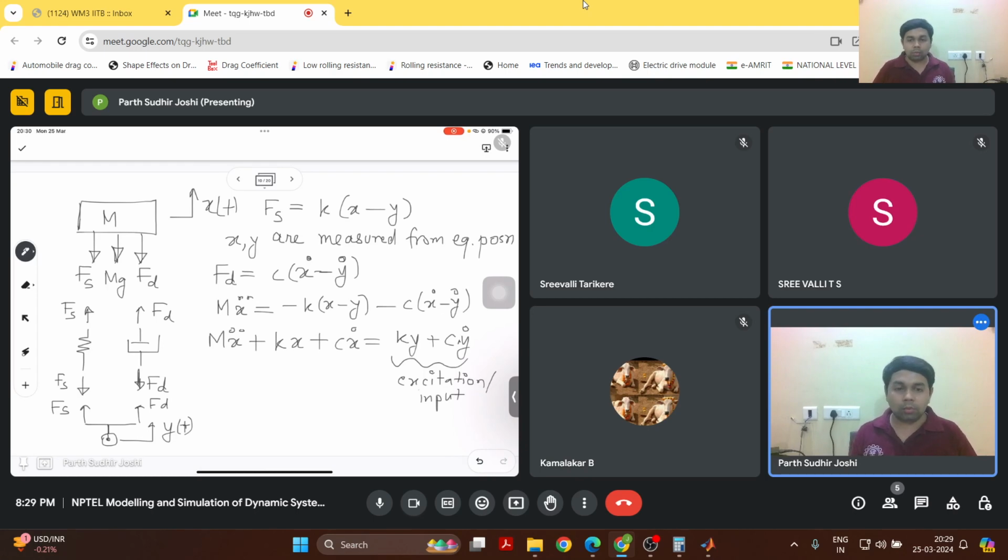So let us take the Laplace transform now for both the left hand side and right hand side.